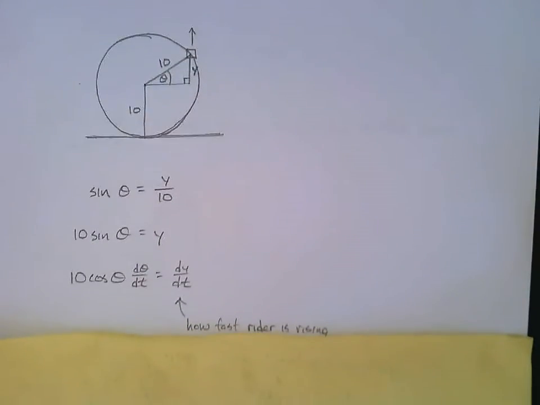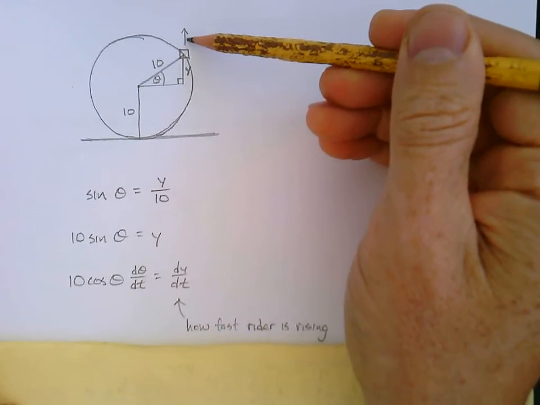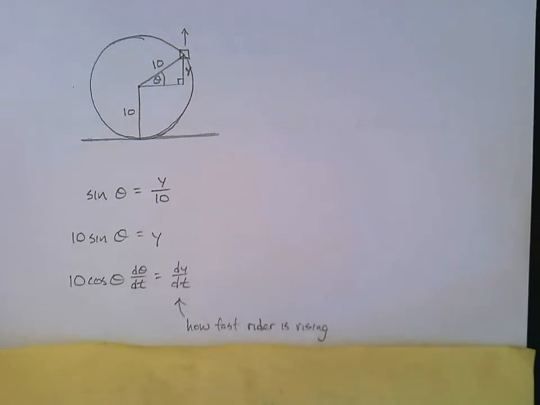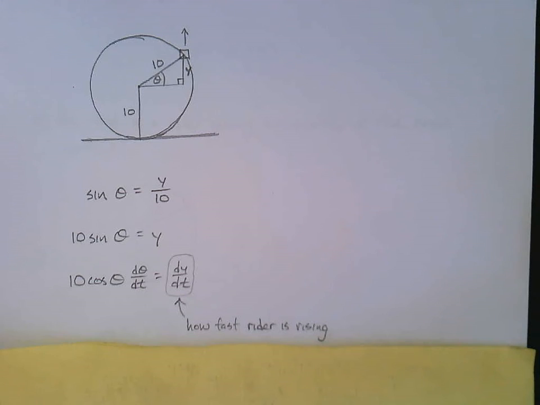Let's scroll up here. The dy over dt, the rate of change of y, of course, describes how fast they are moving up. So this is what we want a value for in the end. So it must be that we can figure out the values of the other two unknowns, the theta and the d theta over dt. Okay.